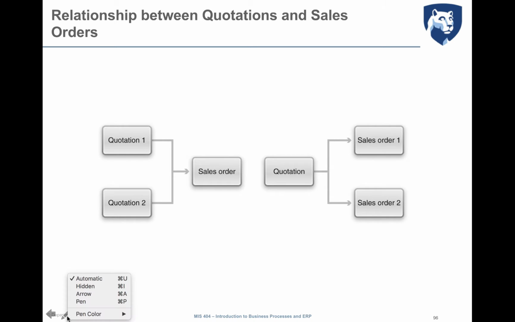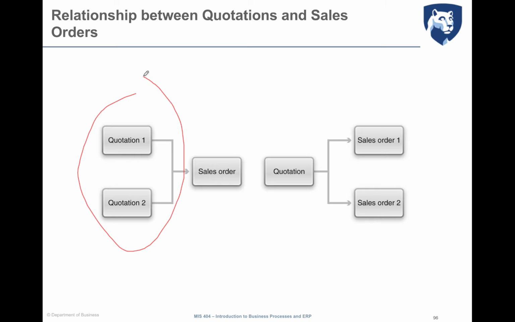In particular, it's not said that one quotation is essentially related to one sales order. More quotations, if accepted by the customer, can design a unique sales order to be issued to satisfy a customer request.